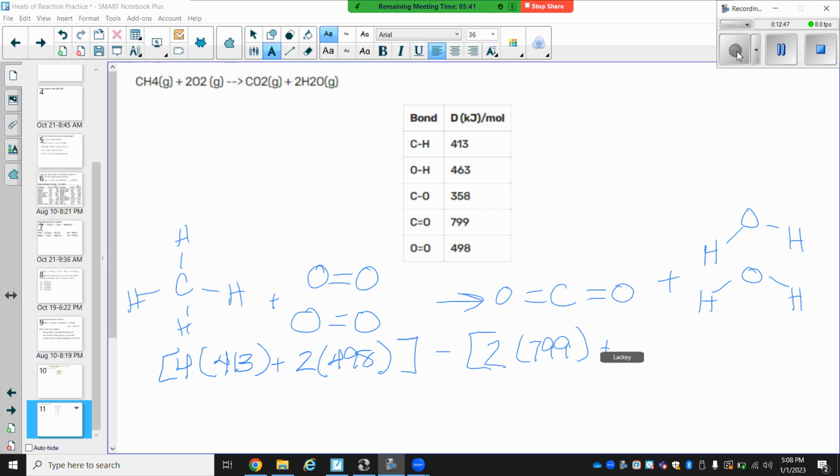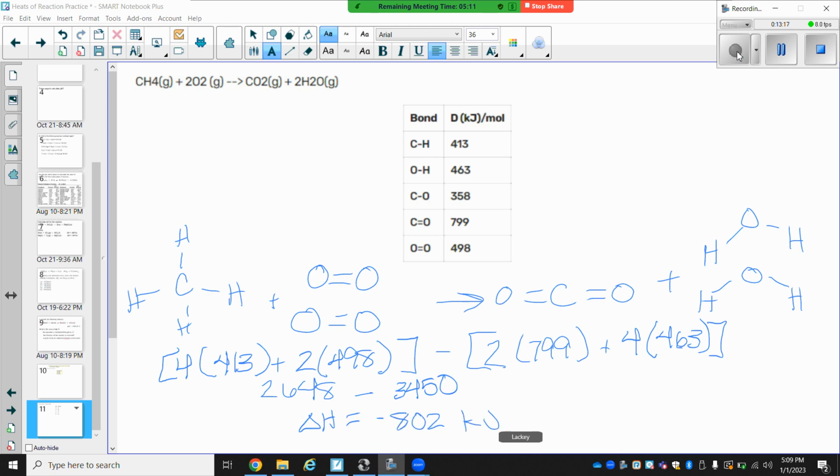And then we have 4 oxygen to hydrogen single bonds, so that's 463. So our total for the reactant side is going to be 2,648. Total for the product side is going to be 3,450. So our overall delta H is going to be negative 802 kilojoules.